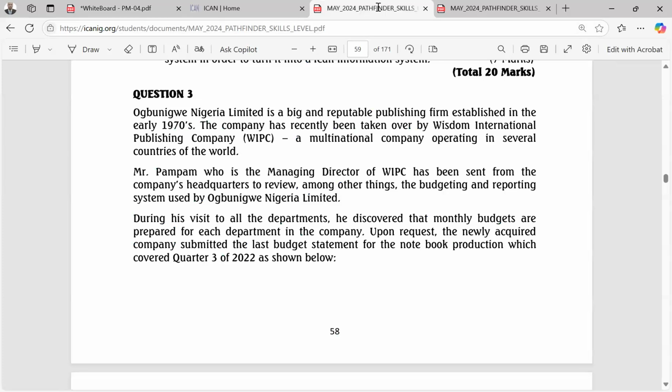All right, let's read. It's a big and reputable publishing firm established in the early 1970s. The company has recently been taken over by Wisdom Publishing Company, a multinational company operating in several countries of the world. Mr. Pampam, who is the managing director of Wisdom International Publishing Company, has been sent from the company's headquarters to review, among other things, the budgeting and reporting system used by Ogbonigwe Nigeria Limited.